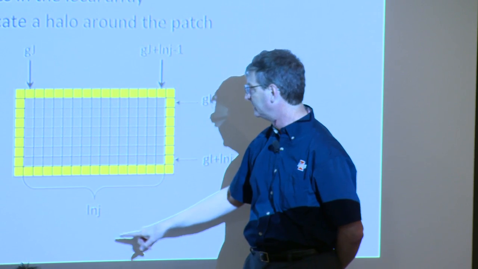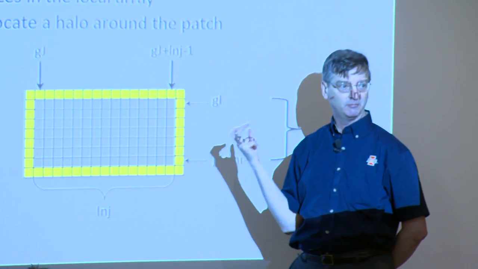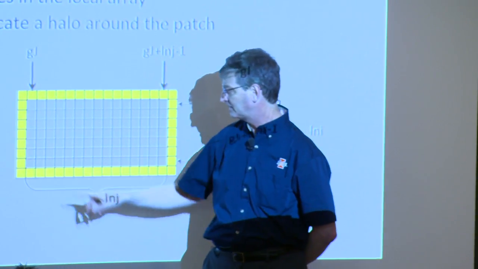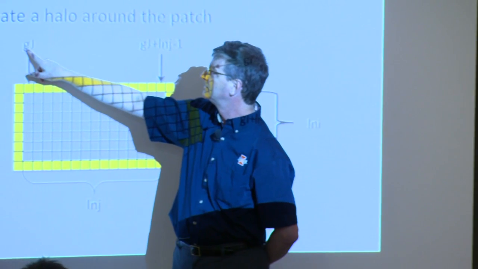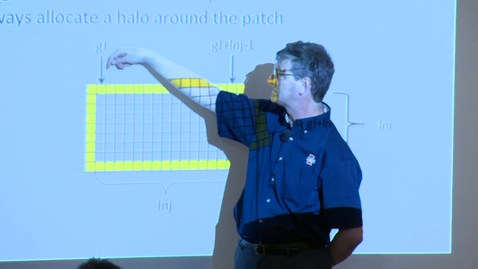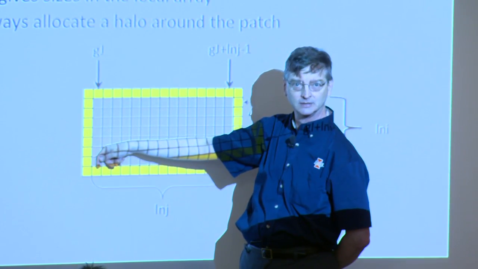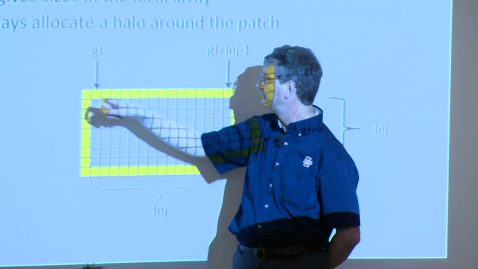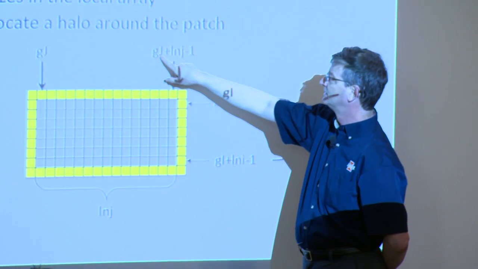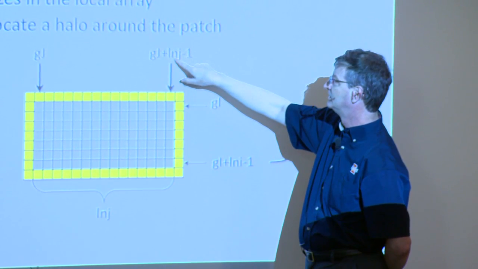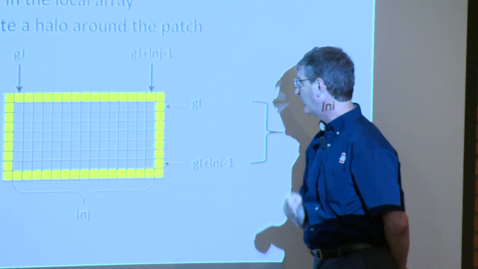So L in J is the number of columns for my patch, not counting the halo. And global J is the global index of the first column of the data that I own, not including the halo, because that's not data I own. And this last one is the starting column plus the number of columns, minus 1 to get to the last one. And the same for I.